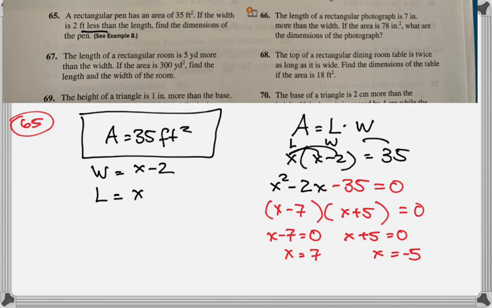Well, since we are looking at the dimensions of a rectangle, they cannot be negative, so that's not a possible answer. So x equals 7 feet, and the width is 7 minus 2, which is 5 feet. And 7 times 5 indeed is 35 feet. How do you like that?